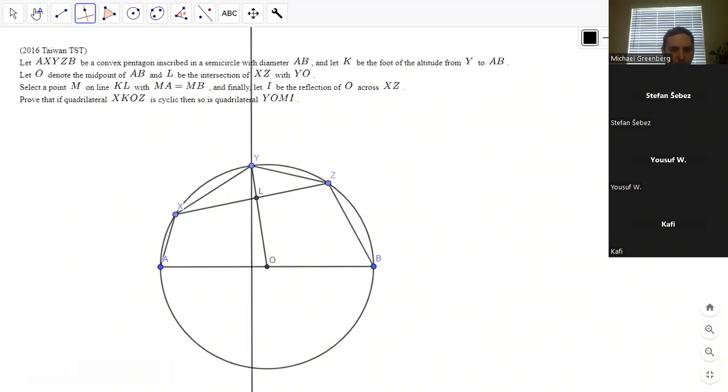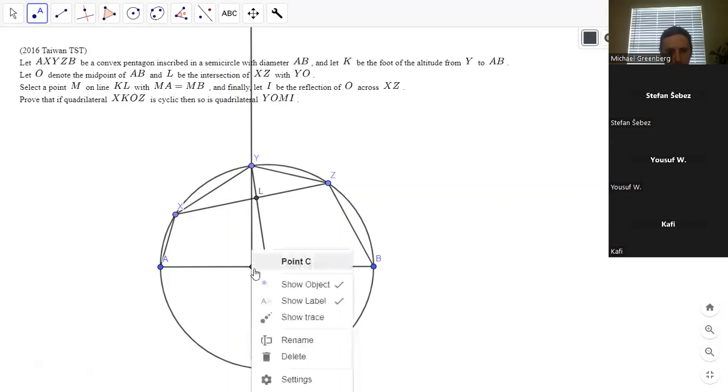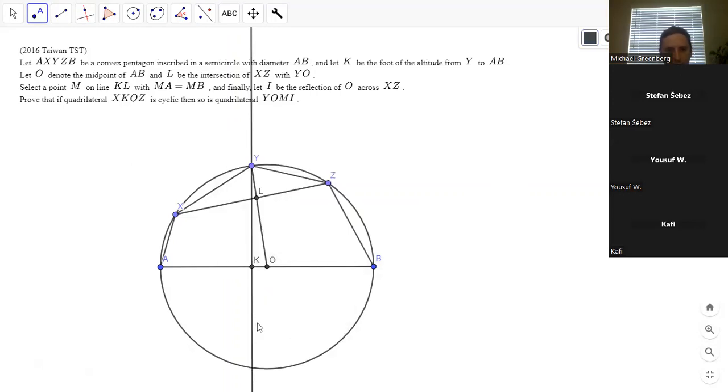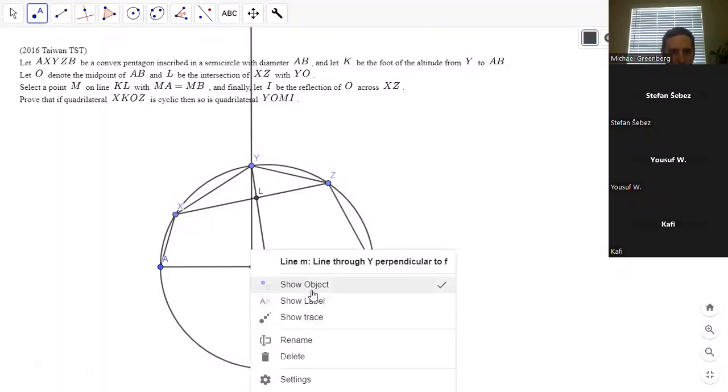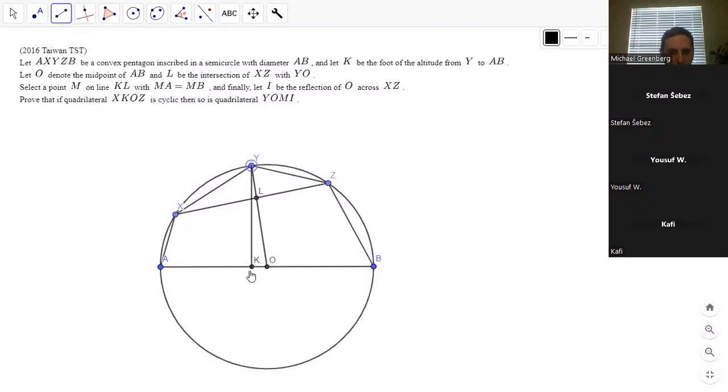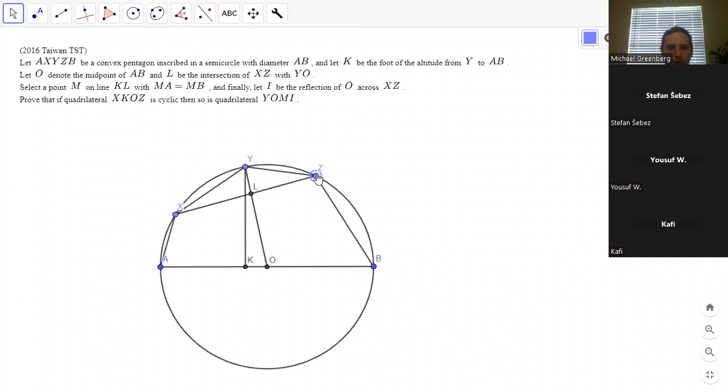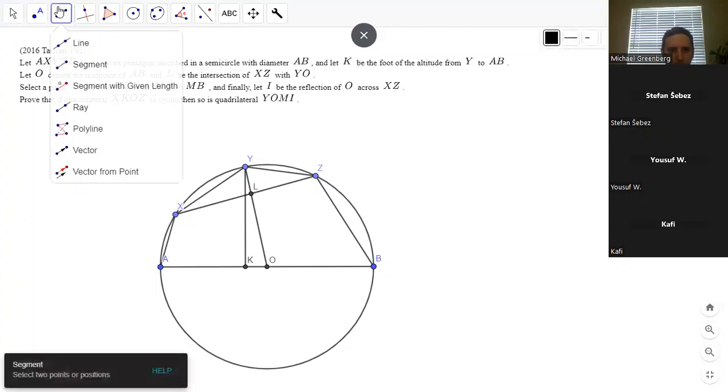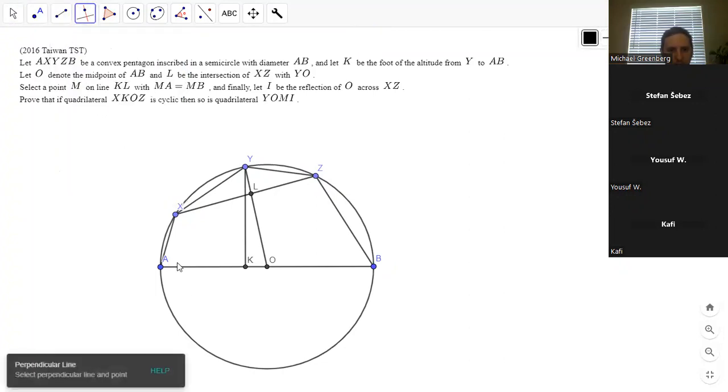This is K. And then O is the midpoint of AB. M is on KL with MA equal to MB. So it's the intersection of this with KL.